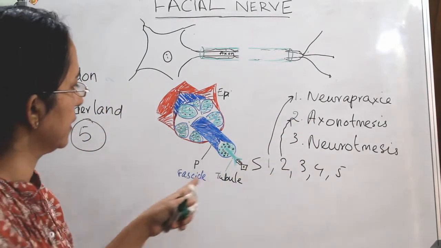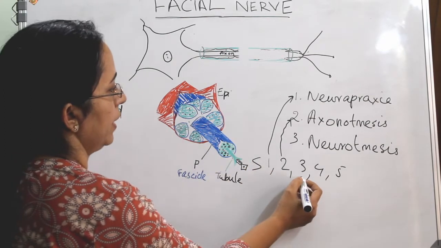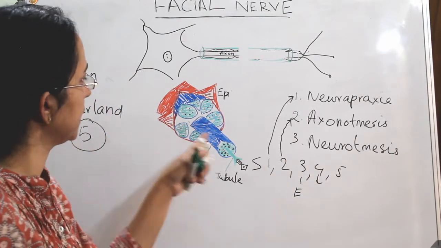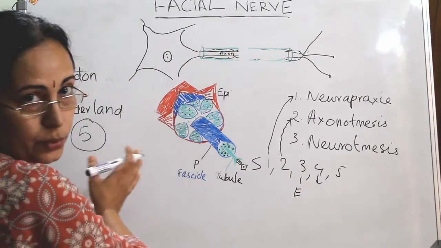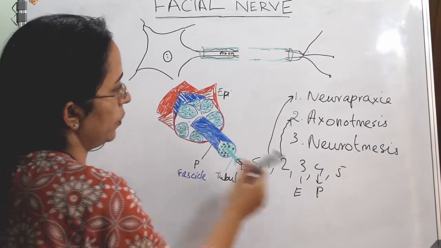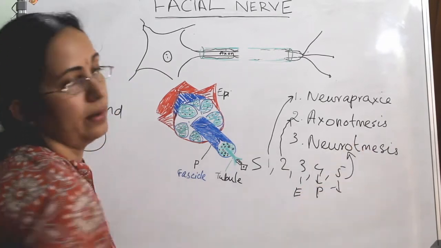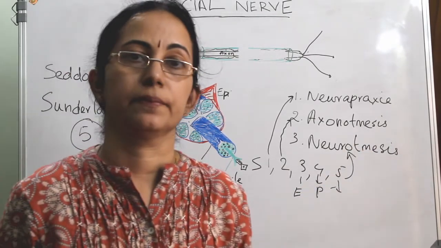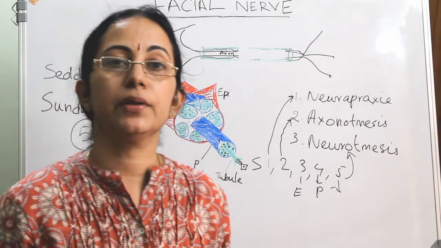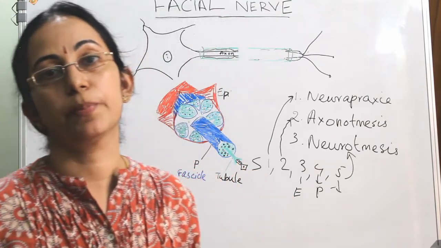In type 3, there is injury to the endoneurium also. In type 4, type 3 plus injury to the perineurium. And in 5, again, a complete nerve cut, right? And recovery from a facial nerve palsy is graded by the House Brackmann grading.